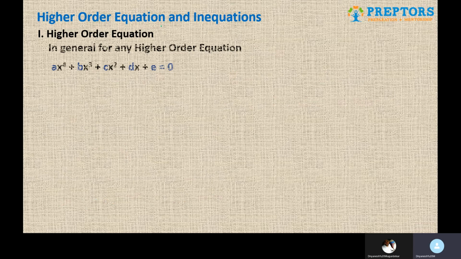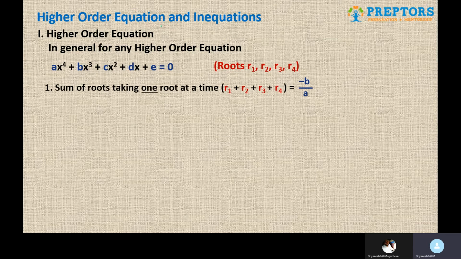Example, suppose there is a fourth power equation which has a standard form, simple one, ax raised to 4 plus bx cube plus cx square plus dx plus e is equal to 0. Same thing if you want to figure out, suppose the roots are r1, r2, r3, r4. The first part, sum of the roots taking one at a time, which will be r1 plus r2 plus r3 plus r4, is minus b by a.